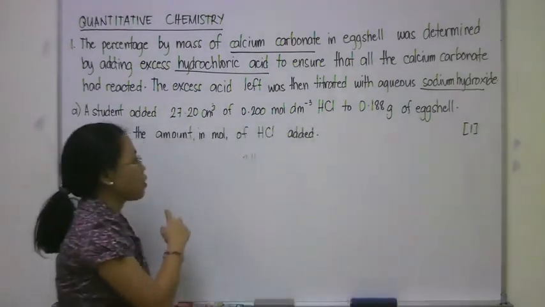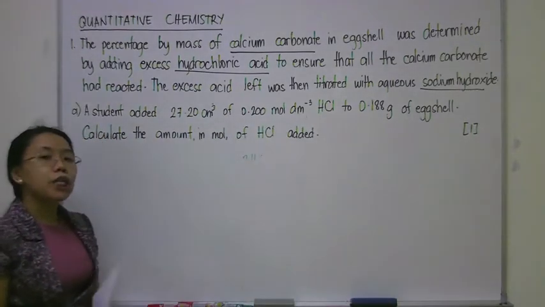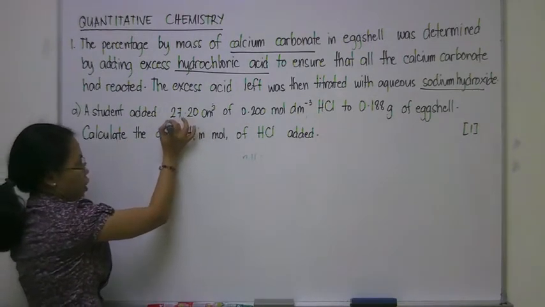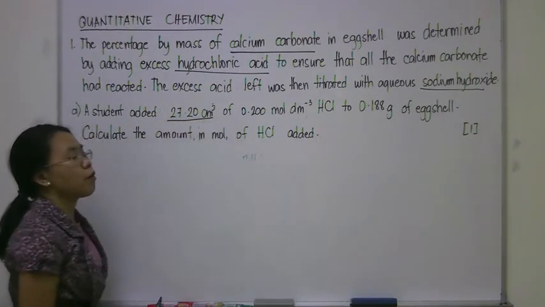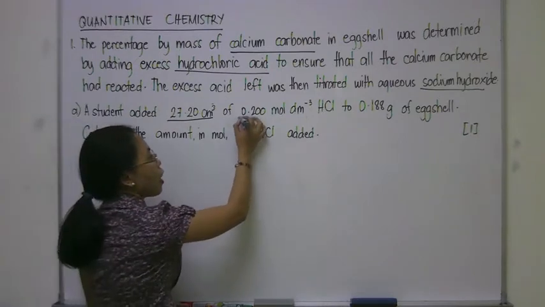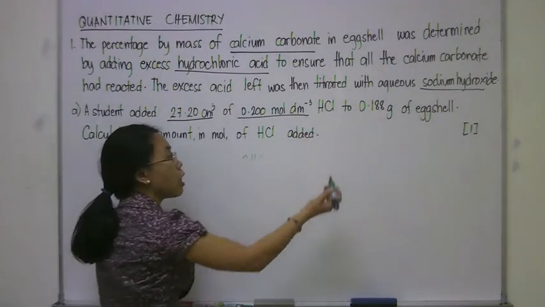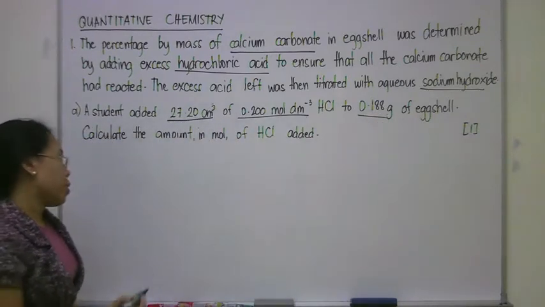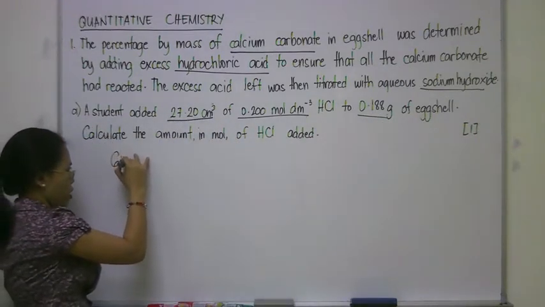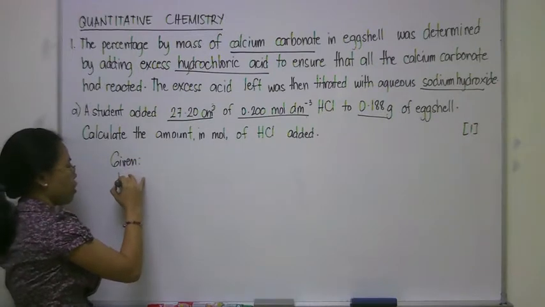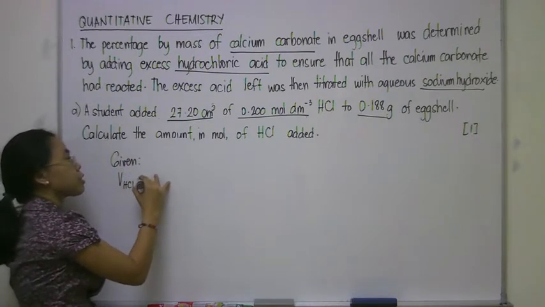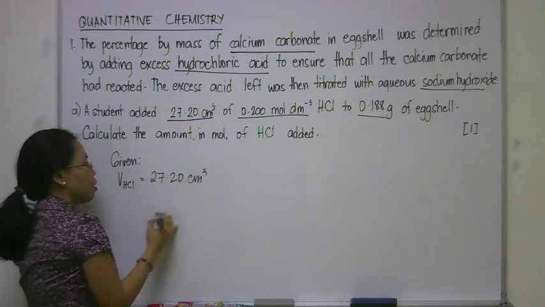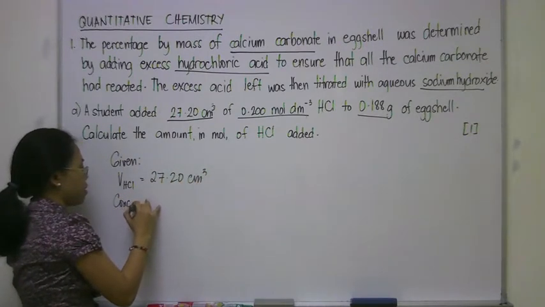Okay, first we solve this question. So what are the given values for this problem? You have the volume of HCl, the concentration of HCl, and you also have the mass of calcium carbonate, which is 188 grams. Those are the given values.